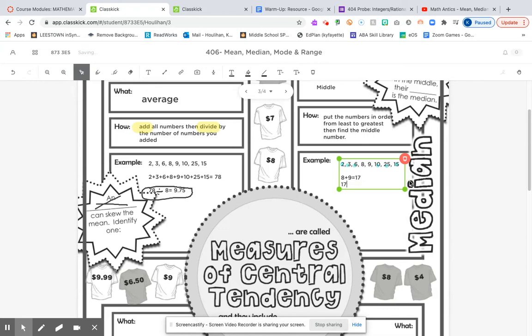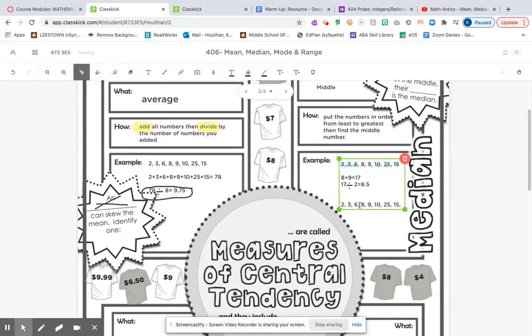And then 17 divided by 2 is equal to, let me type that in real quick, 8.5. So 8.5 is our median there.